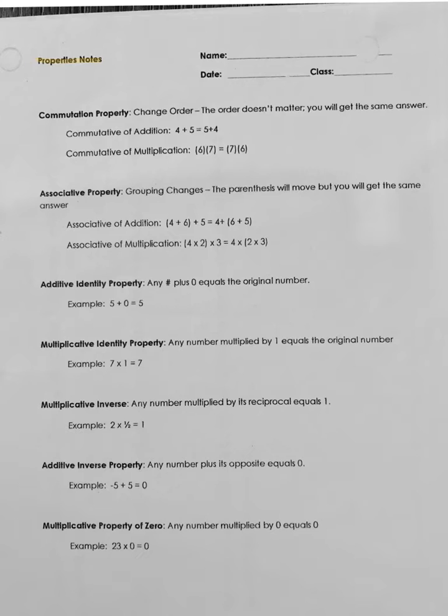That's a great thing about math, that if there are any exceptions, they are few and far between. For the most part, there are absolutely no exceptions when it comes to math. We're going to talk about several different properties. These properties are for addition and multiplication.